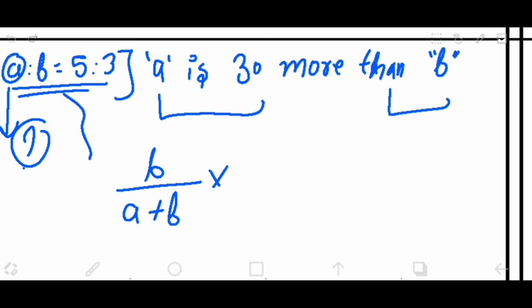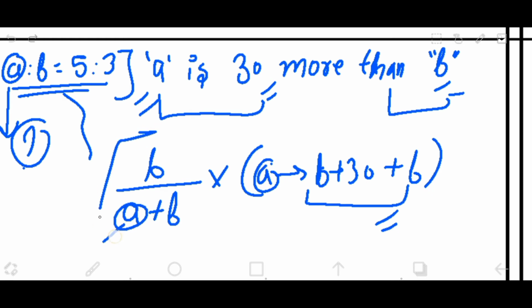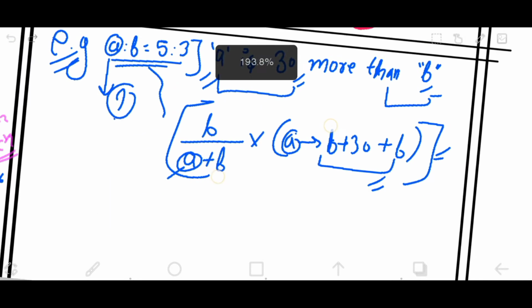A is 30 more than B, so you could write A as B plus 30, and B, and that becomes your total value. Here also you could replace it, and it becomes the solution which you have to calculate.